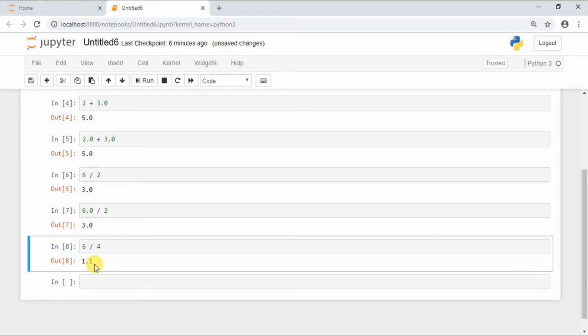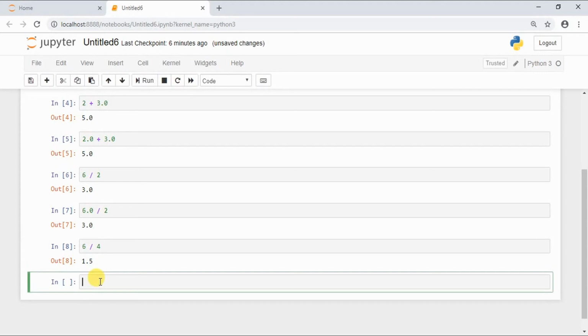I just want something like an integer part of that division. I really don't care about this floating point. Okay, so there is one operator which we are going to use, that is 6, two times the division sign, and then here is a 4. So we will get the quotient part of it.